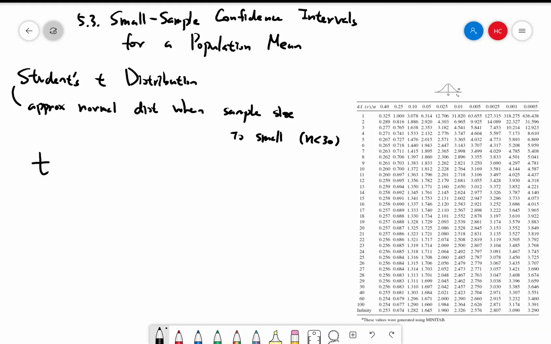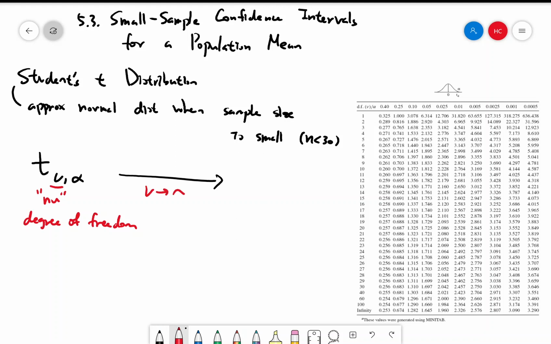How it works is the t-distribution takes two parameters, nu and alpha. Nu, the Greek letter nu, is the degree of freedom. And as nu gets bigger and bigger, the value of t sub nu comma alpha approaches the value of z sub alpha.